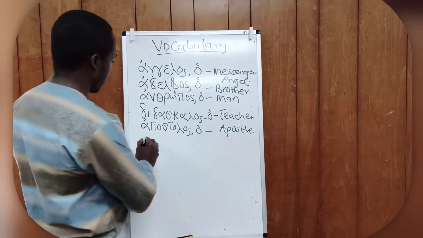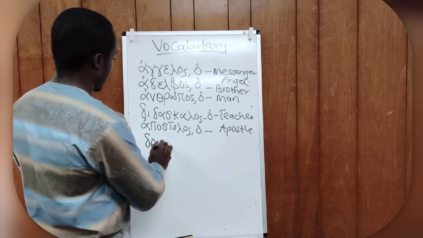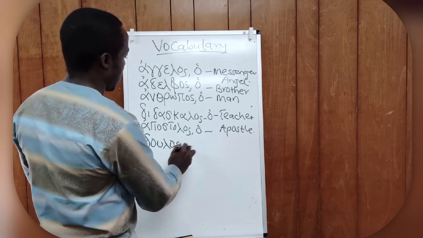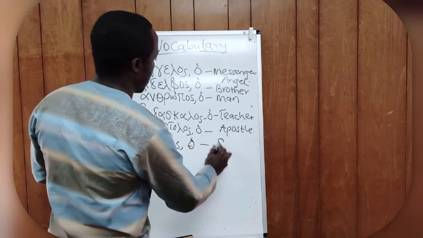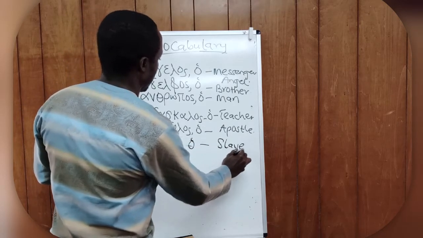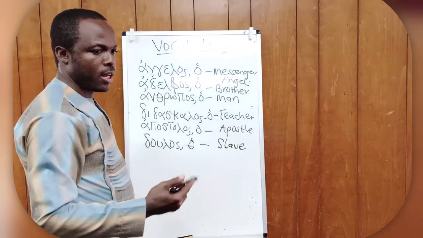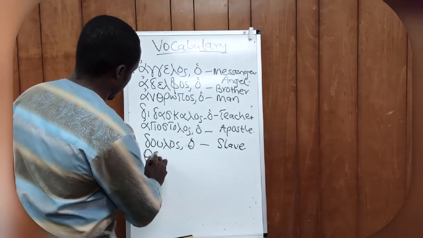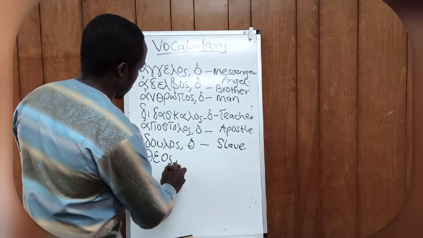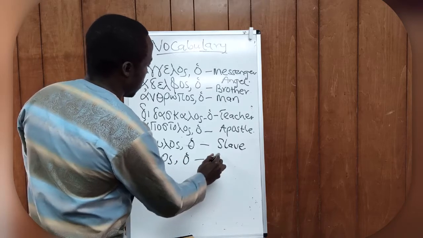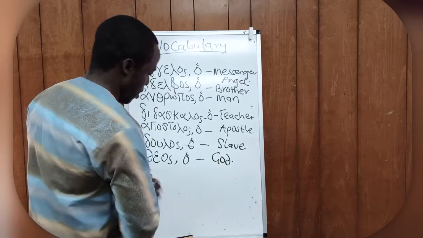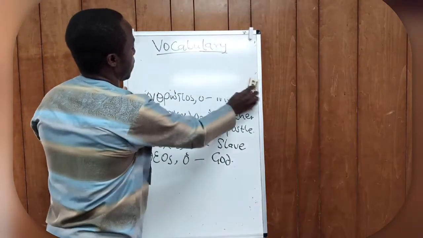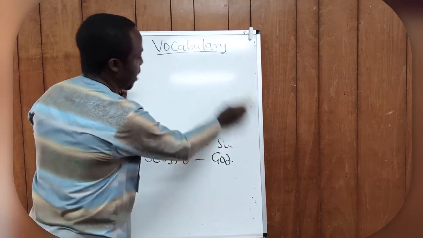We have doulos. It means slave. Then we have a word like theos, which means God. All right, we have to clean up here so that we can write more of the vocabulary.